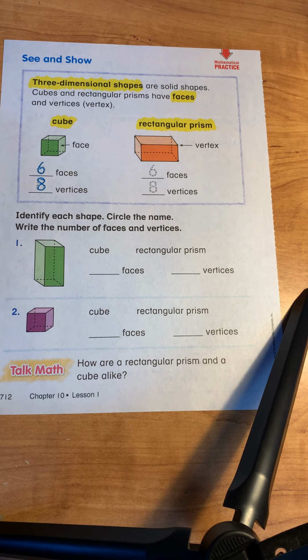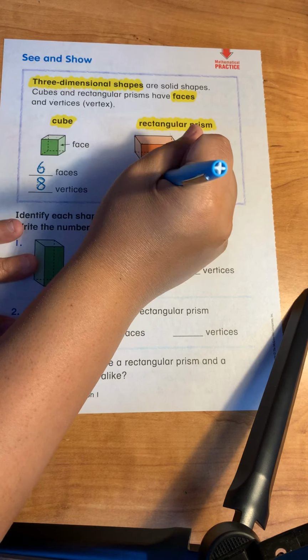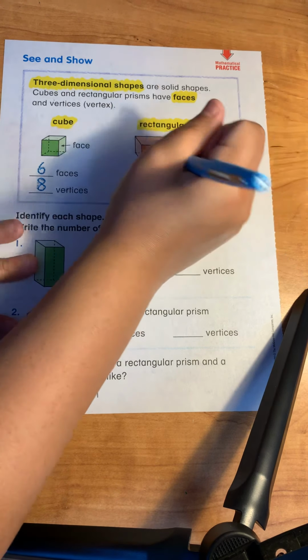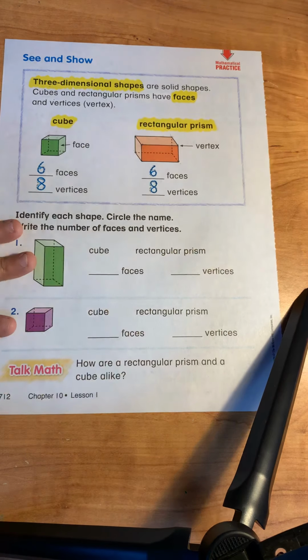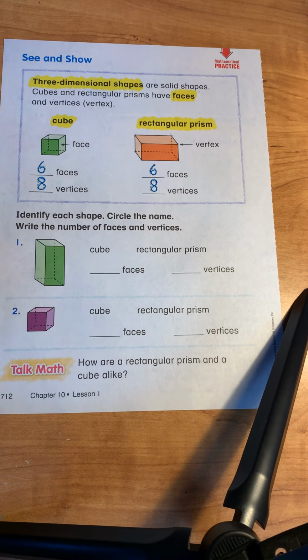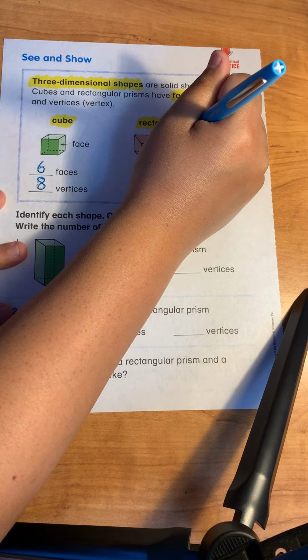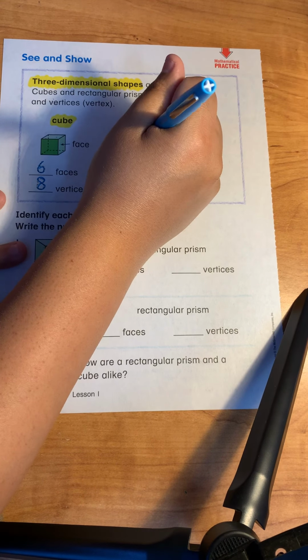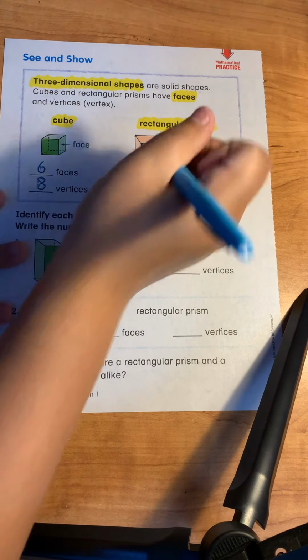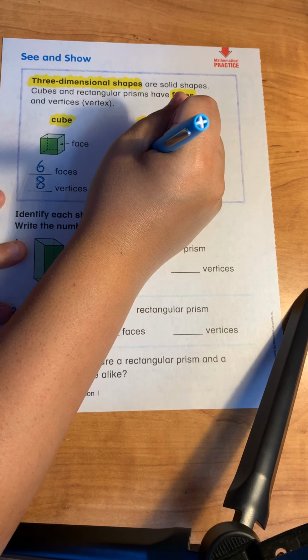So if you said rectangle, great job. So a rectangular prism has 6 faces and 8 vertices. And just to remind you, a vertex is the little corners that we see here. And it pretty much goes all around.